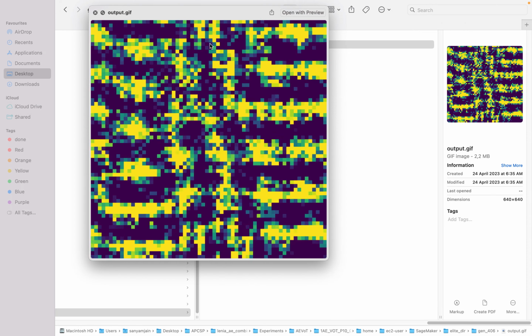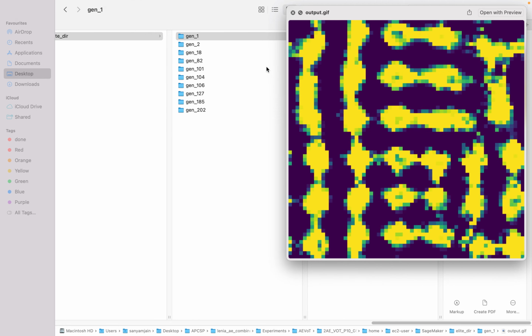Okay, so now we are seeing this configuration, basically AEVoT, population 10, generation 500, mutation 0.2, alive cell threshold 0.5, and last 10 frames. The last 10 frames was actually not performing well when we were testing it, not working well in terms of fitness values or fitness plots.